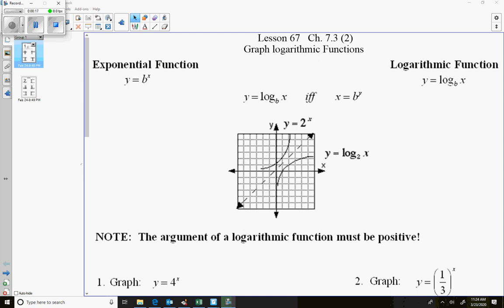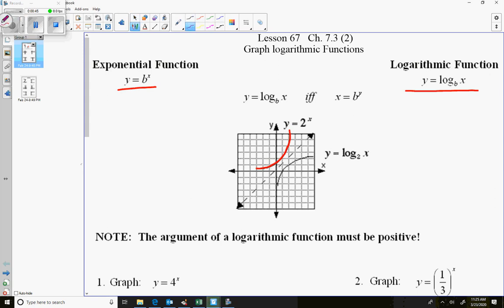Your exponential functions, y equals b to the power of x, and your logarithmic functions are inverses of each other. Again, how do you find an inverse? You switch x and y. So, given the exponential function with the example of a base 2 would look something like this with a horizontal asymptote.